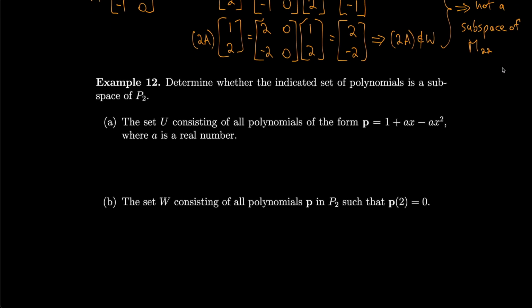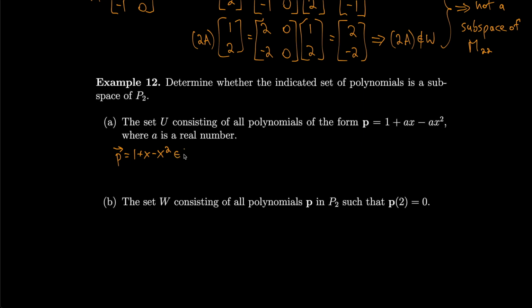Next, how about we determine whether the indicated set of polynomials is a subspace of P2. First, let's do the set U consisting of all polynomials of the form P equals 1 plus Ax minus Ax squared, where A is a real number. So how about we look at the polynomial P equals 1 plus x minus x squared.